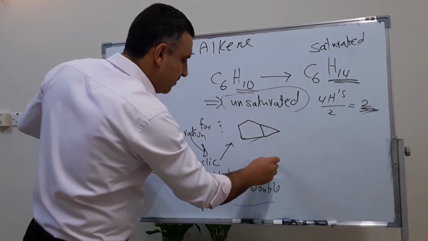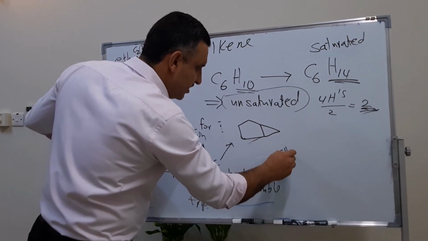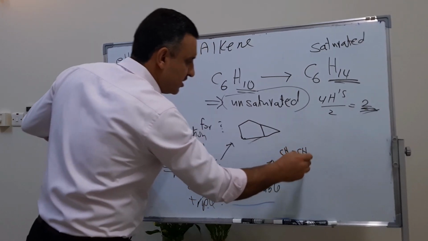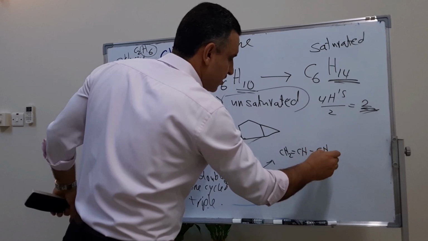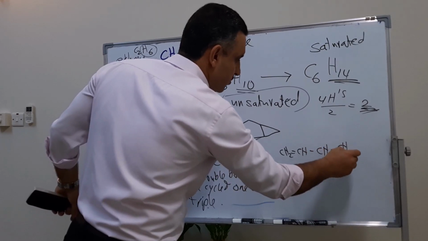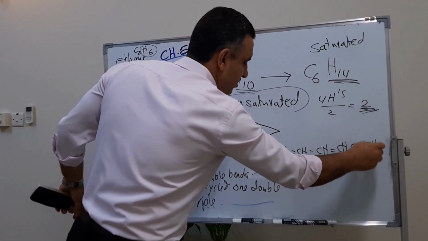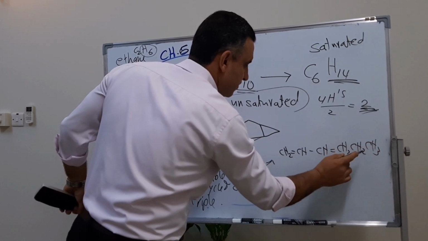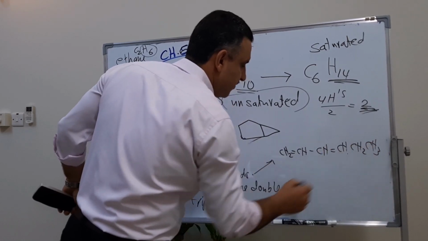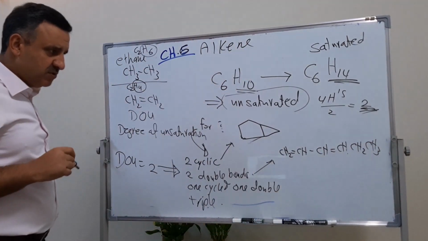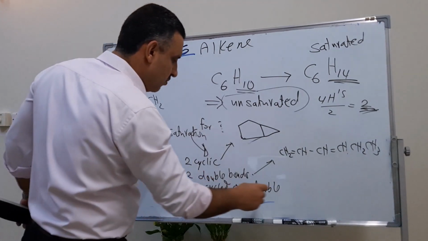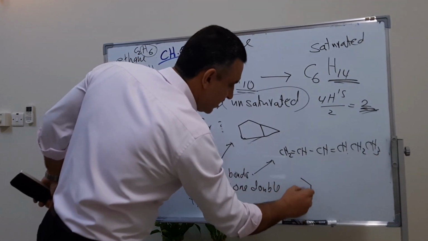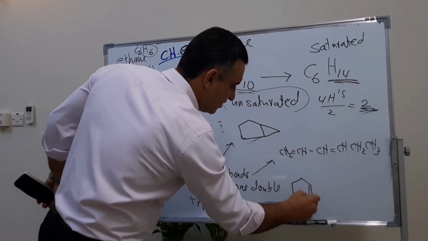For 2 double bonds, I may have, for example, CH2 double bond CH, then CH double bond CH2, then CH2, CH3. You follow me? So in this case we have two double bonds inside the compound, or one cycle and one double bond. For example, I may have it like this.